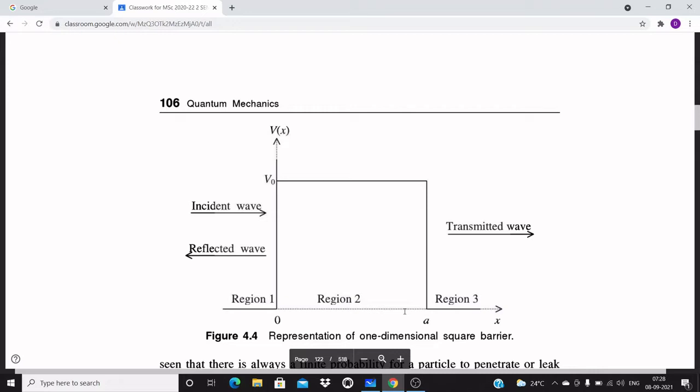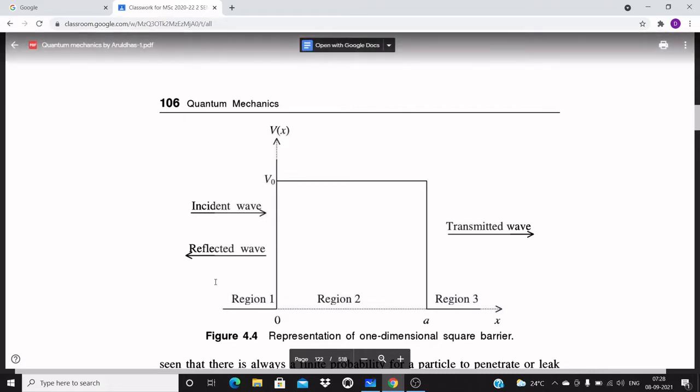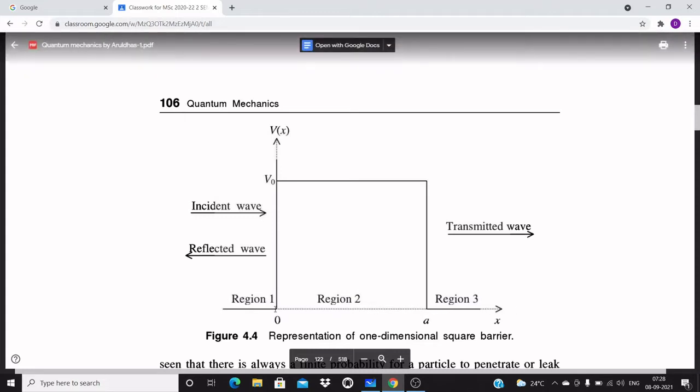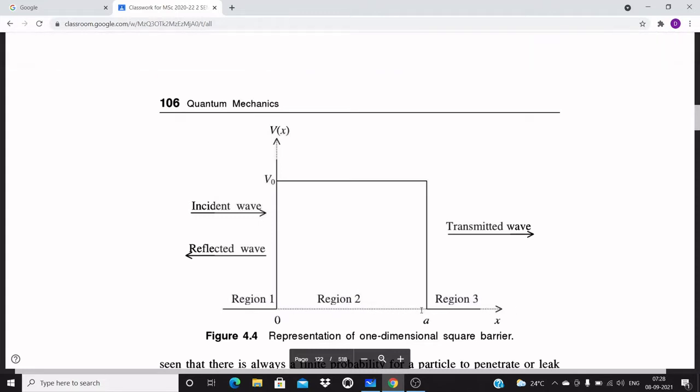So here we have three regions. Region 1 has potential 0. We have taken the dimension in the x direction, and the barrier exists from 0 to a. So we have the barrier in region 2.